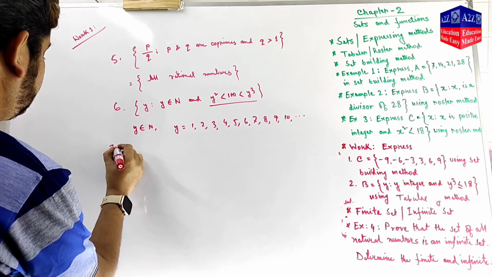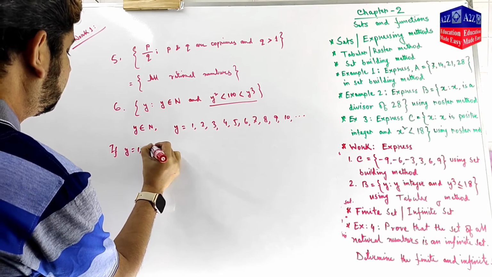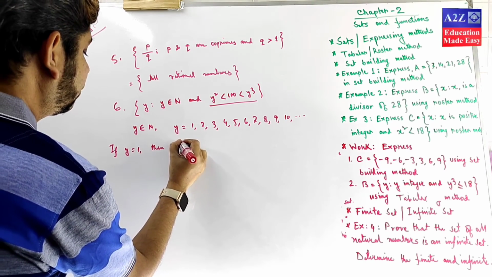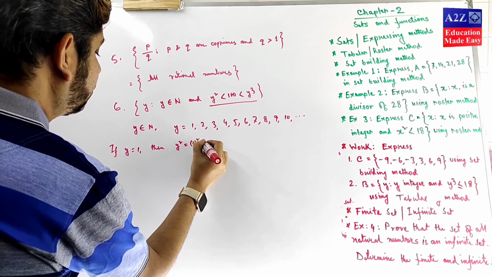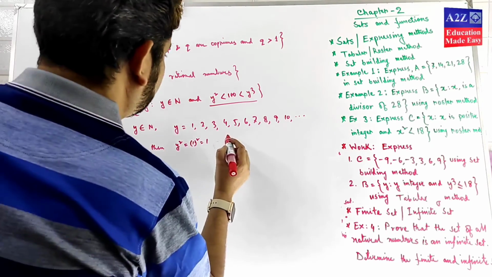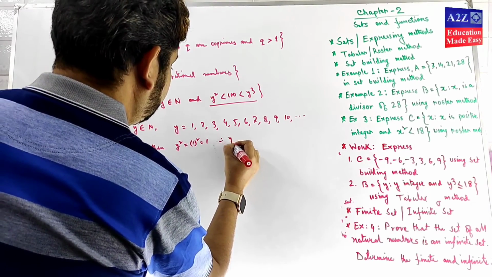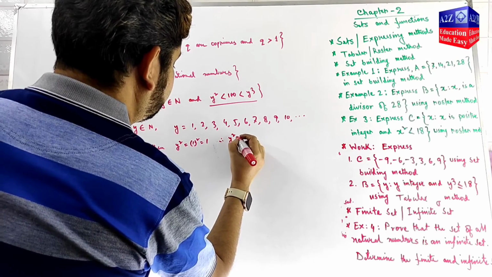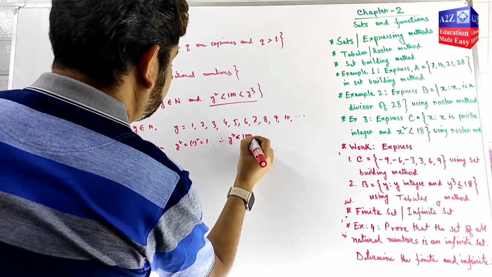If y equals 1, then y square will be 1 square, which means 1, which is less than 100. Therefore y square is less than 100.